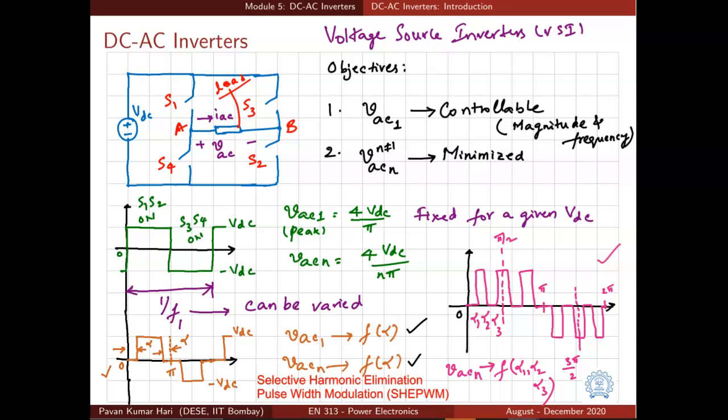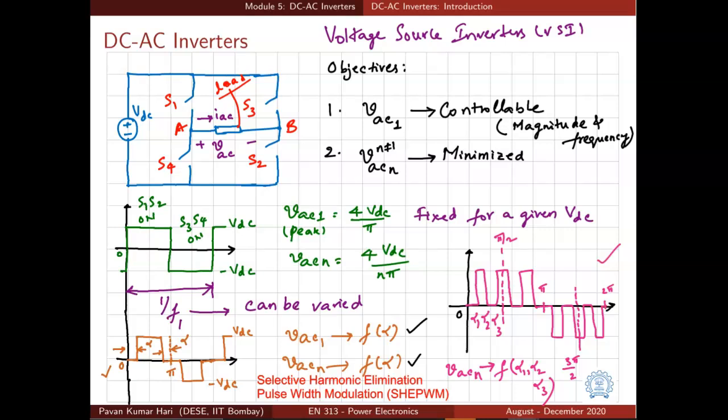You have a small pulse, then you have a larger pulse, then you have a wider pulse, and then the wider pulse becomes smaller because symmetry has to be maintained. So we have a certain train of pulses that are being generated whose width is being modulated.